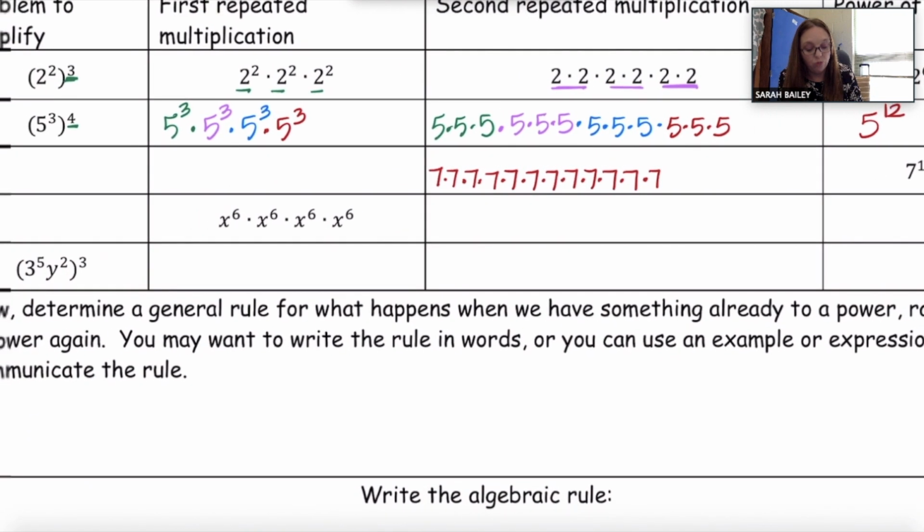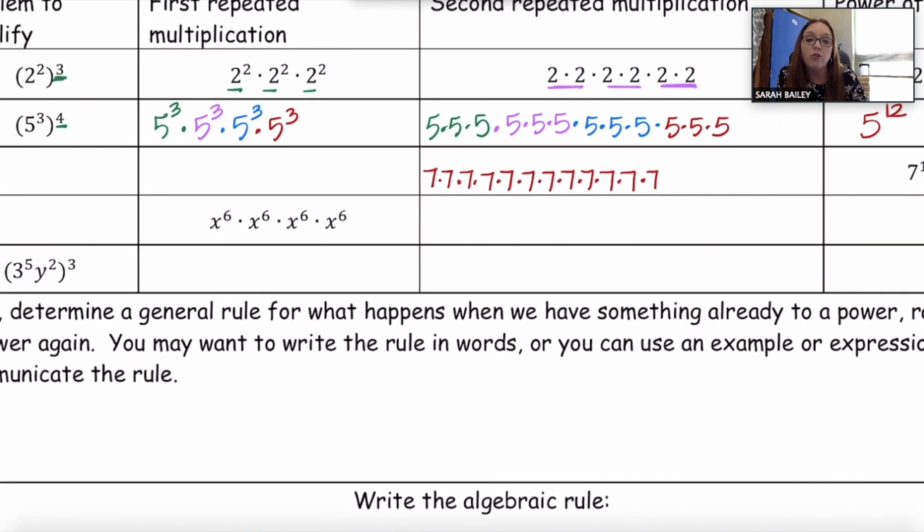If I want to group it like you see the other two, there are several ways that I could go about this. So I could say here's a group, here's a group, here's a group. I could do groups of 2. Okay, so that's one thing that I could do. And if I do groups of 2, each group of 2 is 7 squared, right?